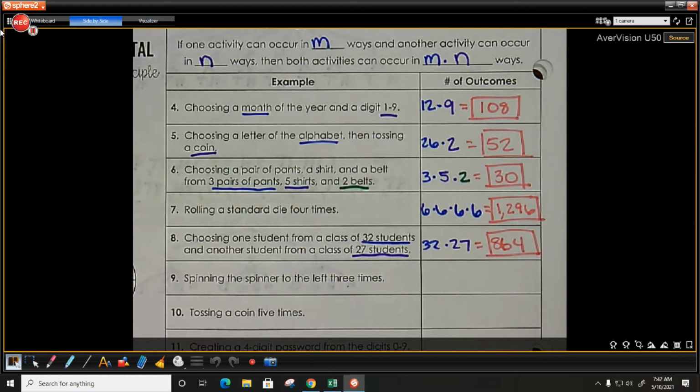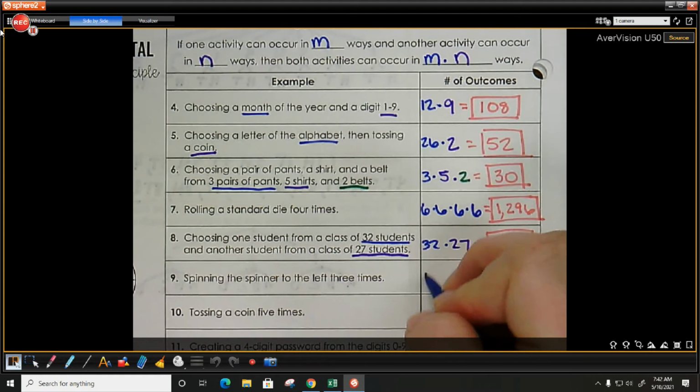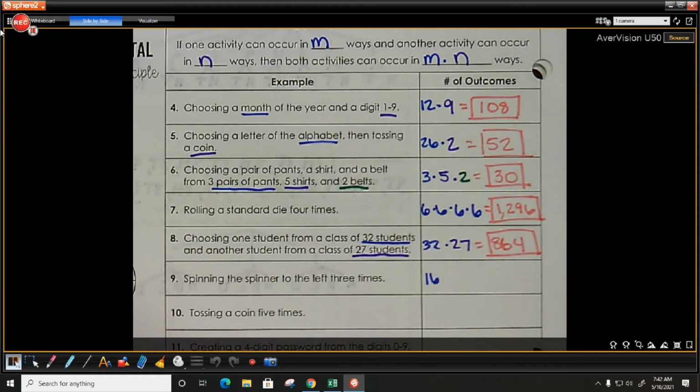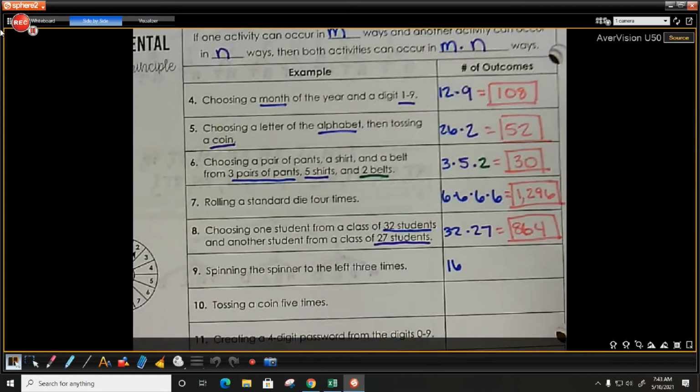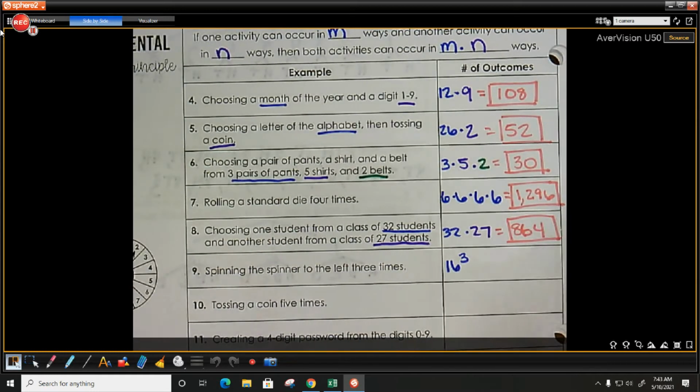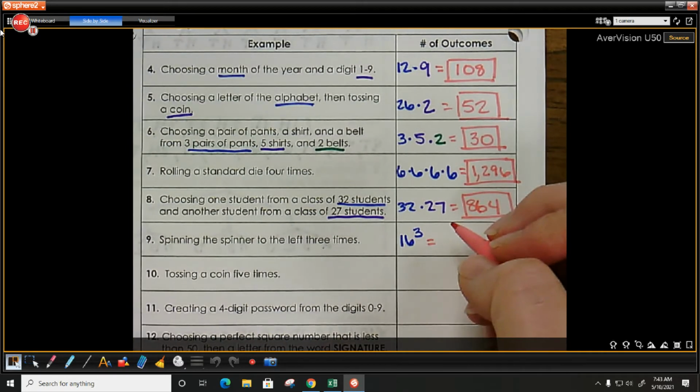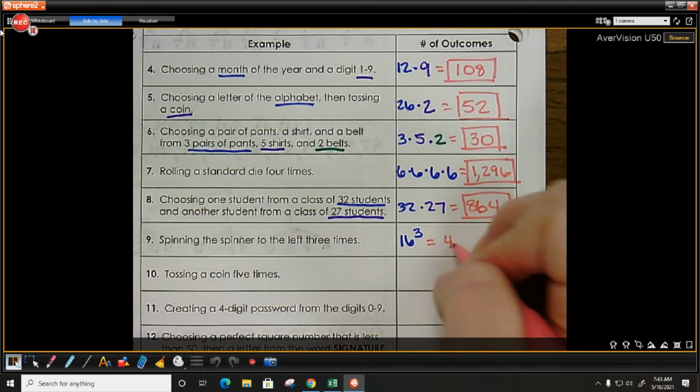Spinning the spinner to the left. How many options are there on the spinner to the left? 16. How many times are you doing that? 3 times, so you can do 16 times 16 times 16, or you can do 16 to the third, which is what? 4,096.